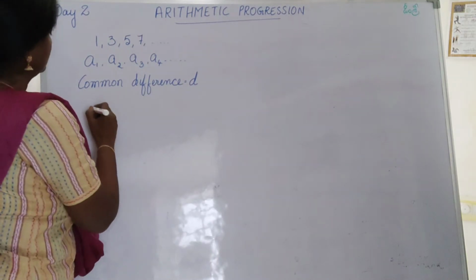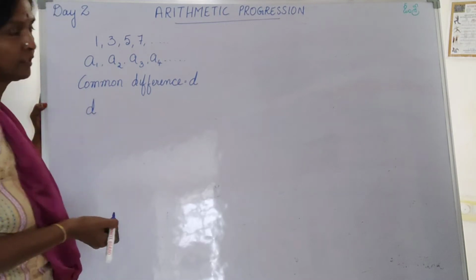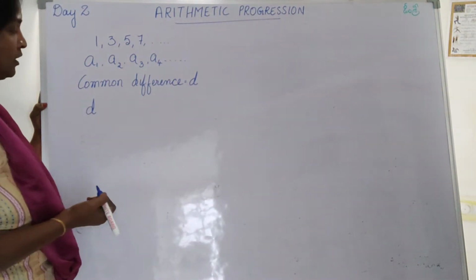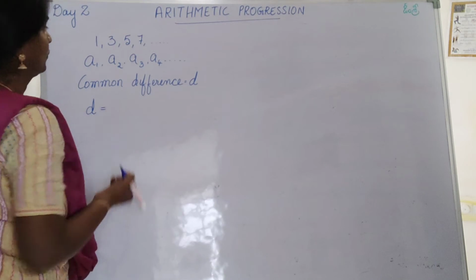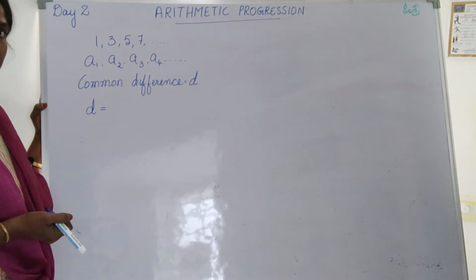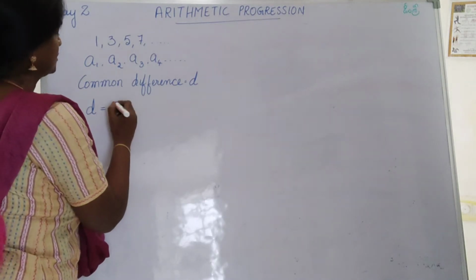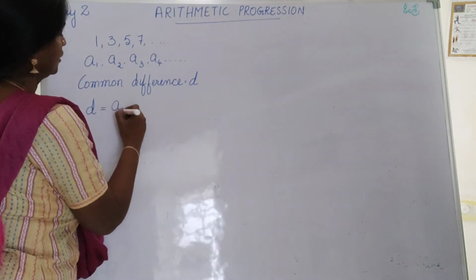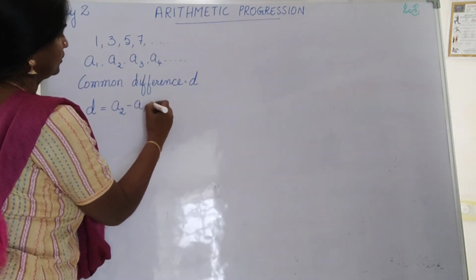And when you need to find the common difference in arithmetic progression, we subtract the first term of the series from the second term, that is A2 minus A1.